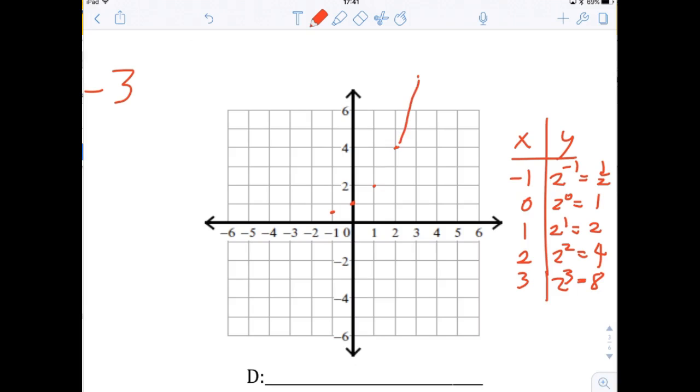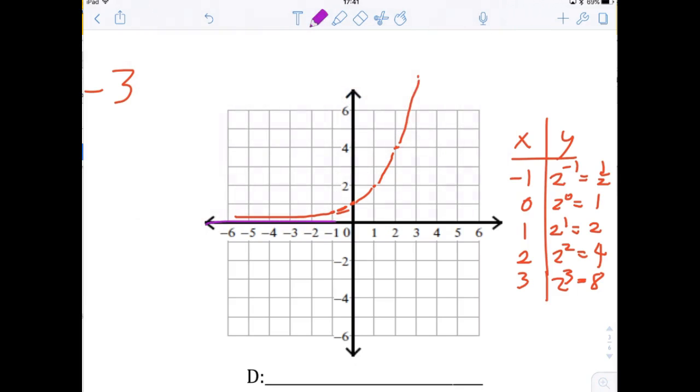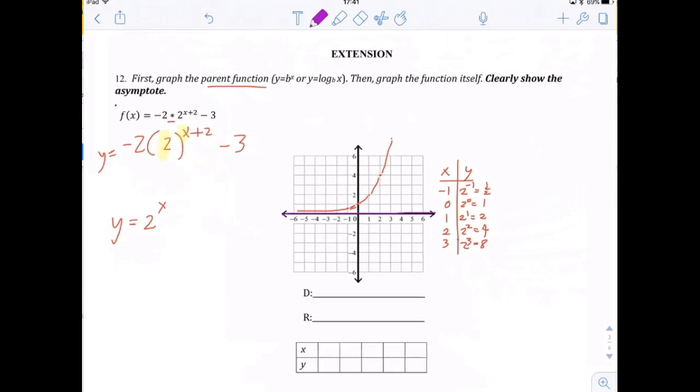And then I kind of join those with a curve. It looks kind of like that. And it's going to approach the asymptote, which for a parent function for exponentials is a line that is exactly on top of the x-axis. That is the asymptote for the parent function.